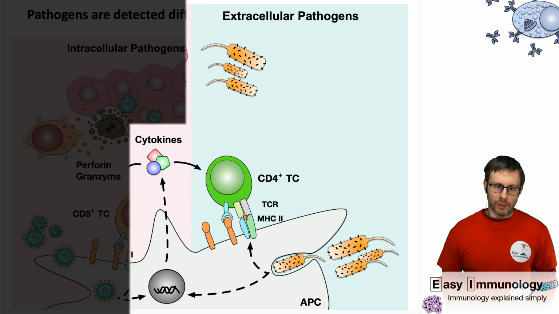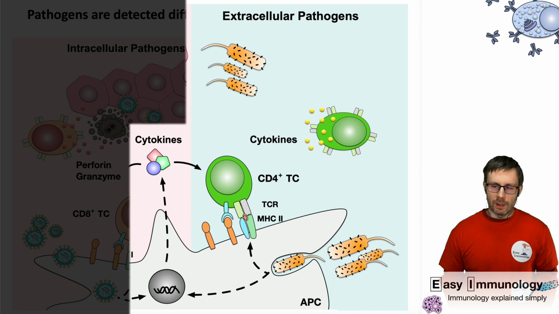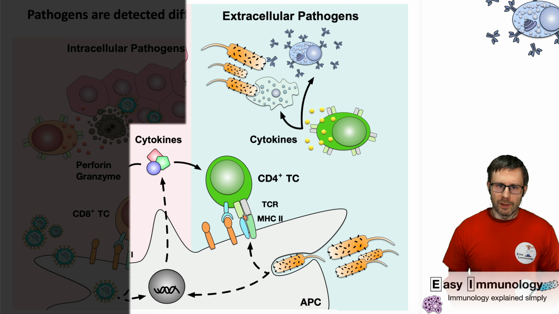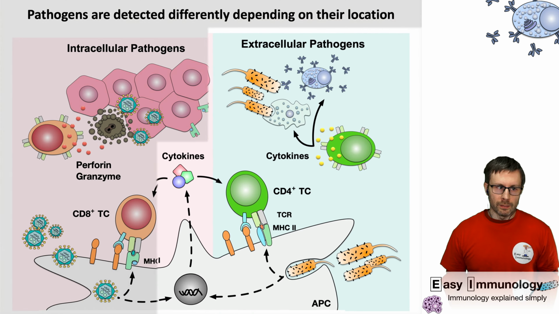Now it's a CD4 positive T helper cell. And once this gets activated, it produces cytokines that then recruit, for example, phagocytes that eat up the pathogen, or B cells that produce antibodies that can then help eliminate the pathogen.